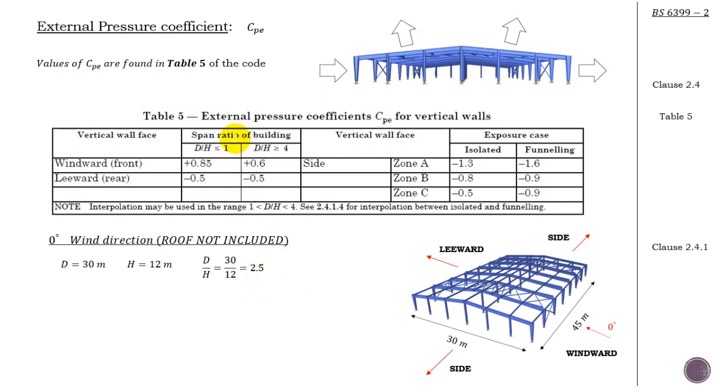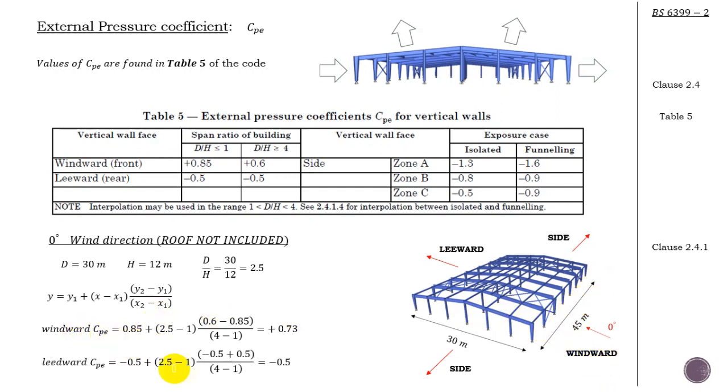Now 2.5 is somewhere between, okay? That means I can go for the interpolation, linear interpolation, because the code also allows me to go for the linear interpolation. And as I explained before, we do it first for the CPE, the windward, the front face of the building, and then we do it once for the leeward face of the building, okay?